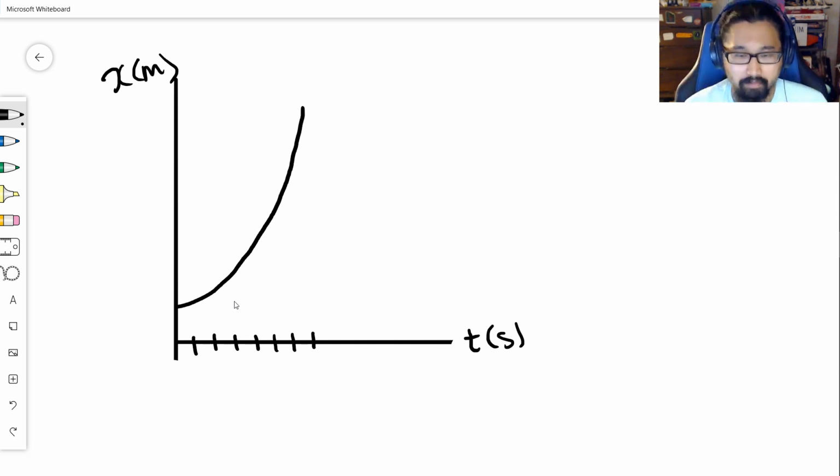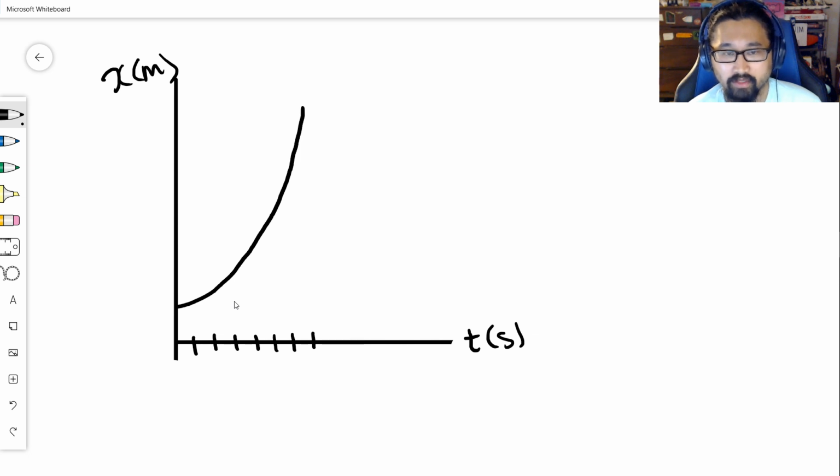We're going faster and faster, and our word for that is acceleration. That's a traditional acceleration, you're just getting faster. This is a very typical position time graph for what you might see.